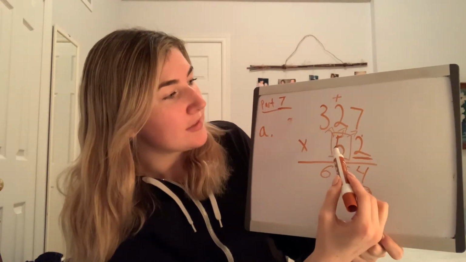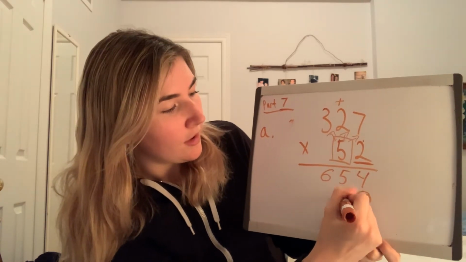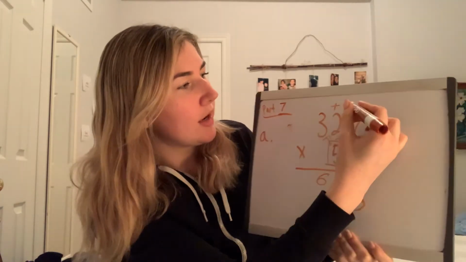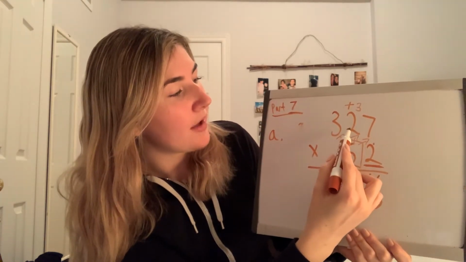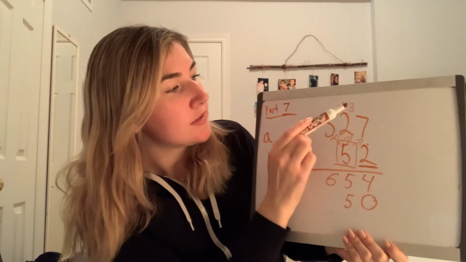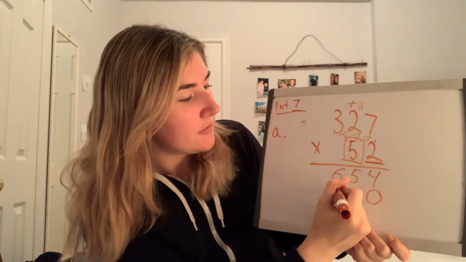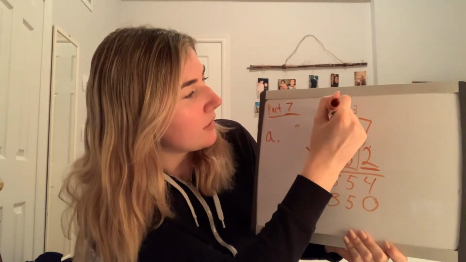So our first is 5 times 7, which is 35. I'll drop the 5 and then we'll carry the 3 on top here. And next we have 2 times 5, which will give us 10, plus the 3 on top, which will give us 13. I'll drop the 3 and carry the 1.